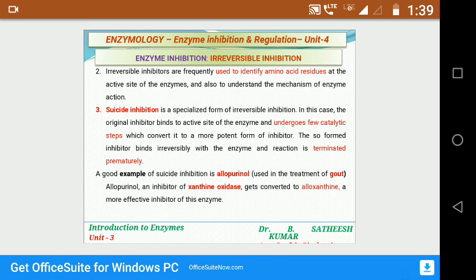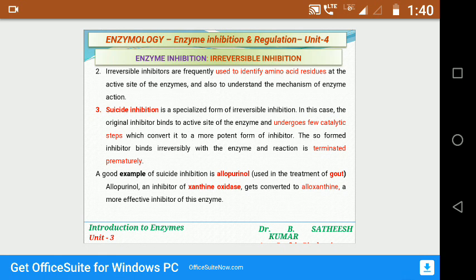First of all, we want to find out what residues are responsible for the catalytic activity of the enzyme. For this, we can use these irreversible inhibitors, which bind the active residues in the active site by covalent interaction.